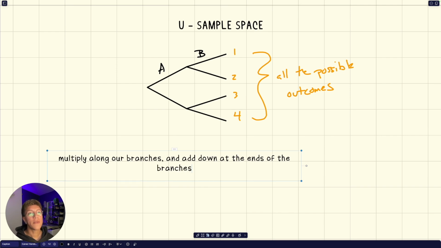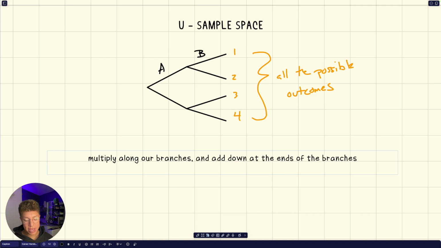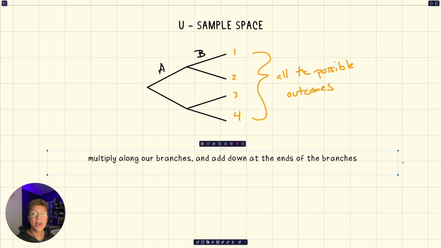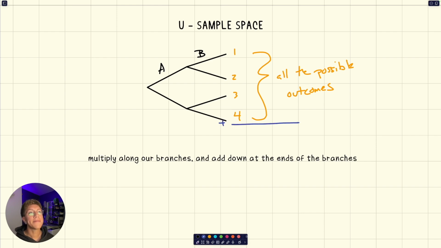So like we saw before, the sample space always has to be a total of 100%. It has to add up to 1. And that's also true here. Once we get our probabilities and add up all these outcomes, we should get a total sum of 1 at the end. So that's something to keep in mind.